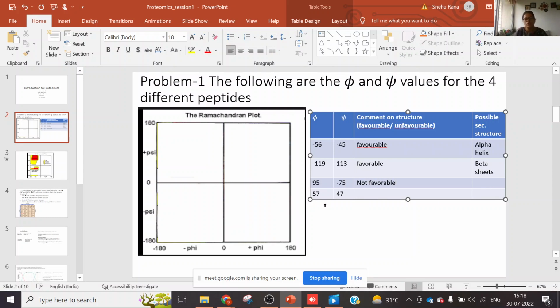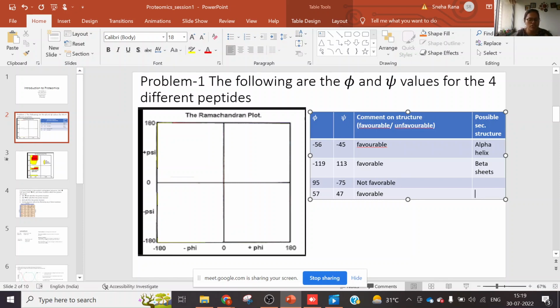And what about this? Here both phi and psi values are positive. Phi is positive, which means it will be in this area, and psi is also positive, so it will be in this quadrant. Is this area favorable or unfavorable for secondary structure adoption? This is favorable for the left-handed alpha helix.